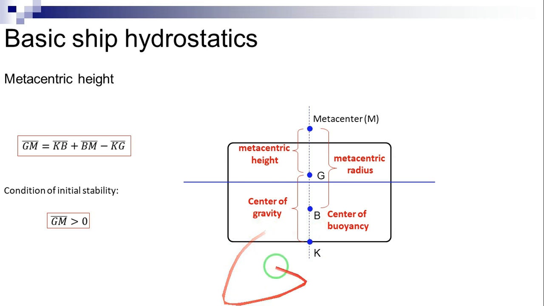BM is the metacentric radius. KG is the z coordinate of the center of gravity of the floating body. It results from weight calculations. The quantities KB and BM depend upon the ship geometry, the quantity KG upon the distribution of masses.